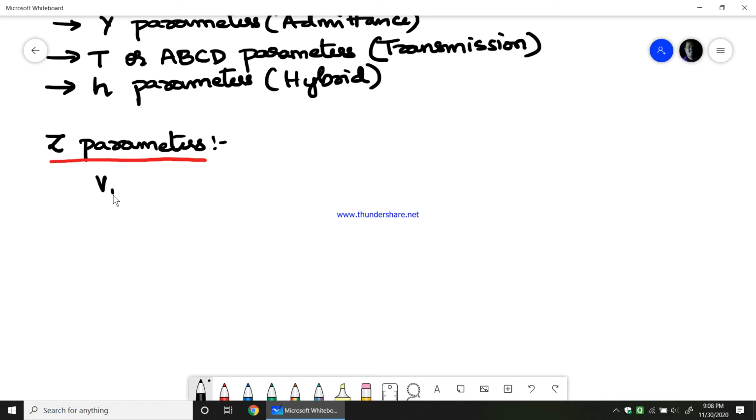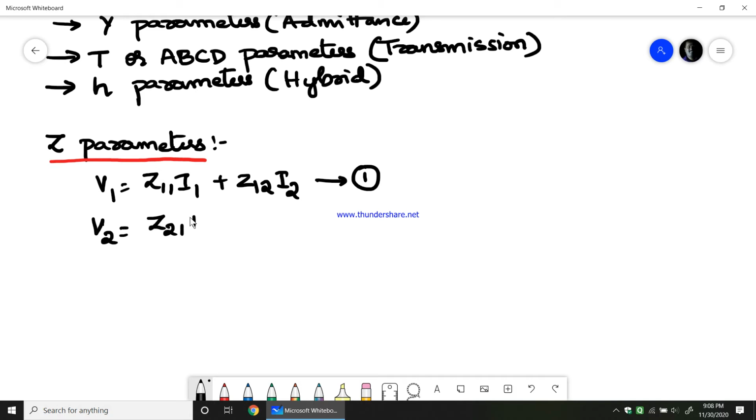One is V1 equals Z11 I1 plus Z12 I2. This is the first equation, and the second equation is V2 equals Z21 I1 plus Z22 I2. This is the second equation. We take these two equations to define the Z parameters.